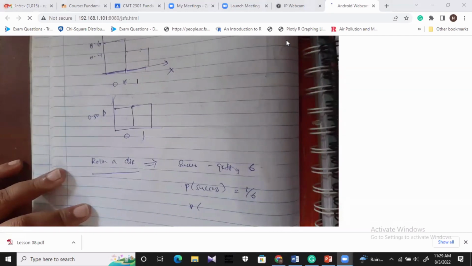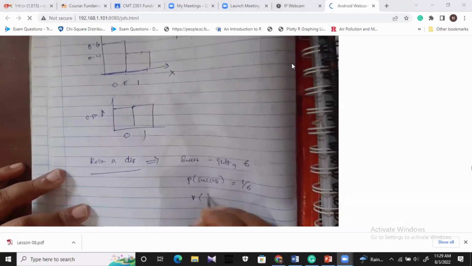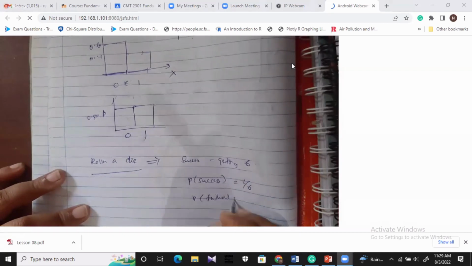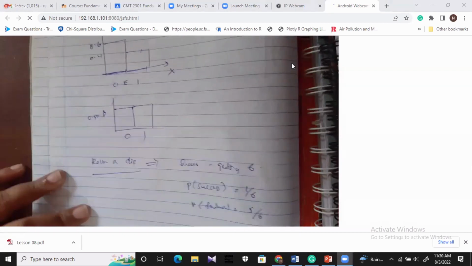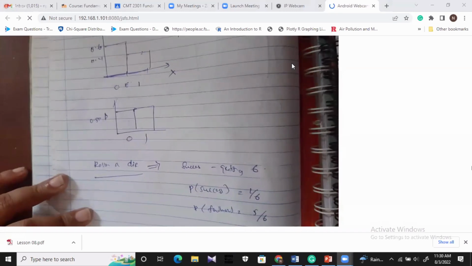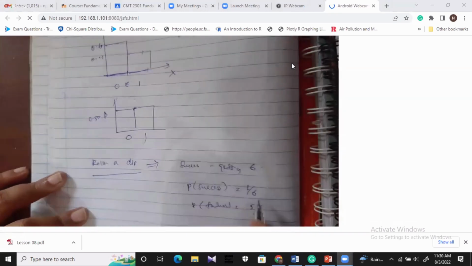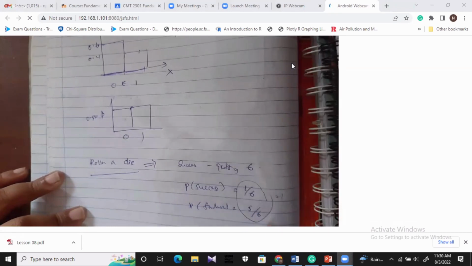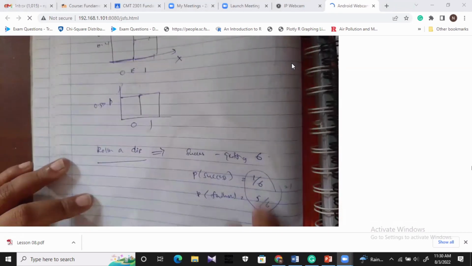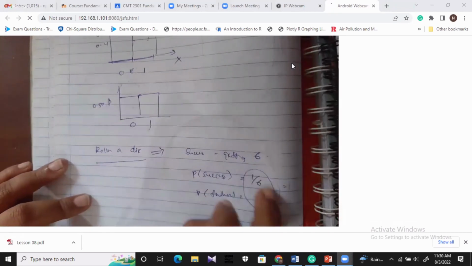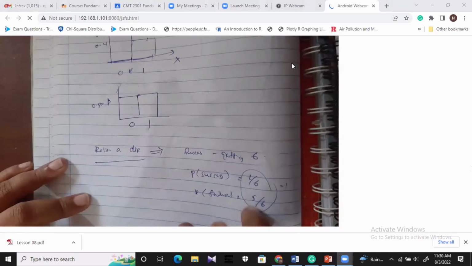Yes, one of you has given the correct answer. The probability of a failure should be 5 over 6, 1 minus 1 over 6. Anyway, the addition should be 1. That is the total probability. Since it has two possible outcomes, that should be 1 minus P.